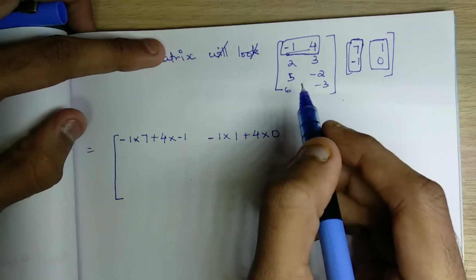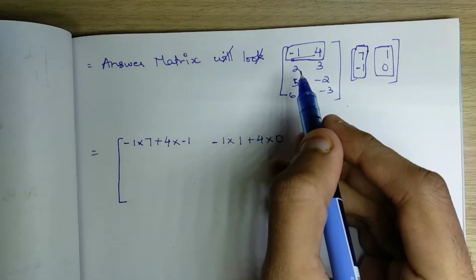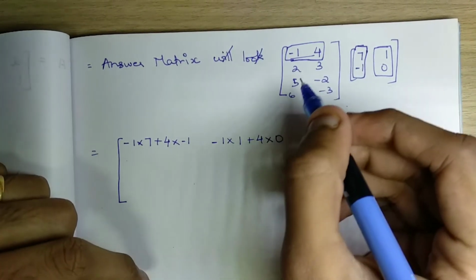Similarly, we do this same thing with the second row.